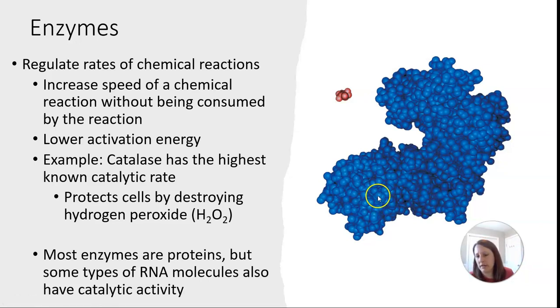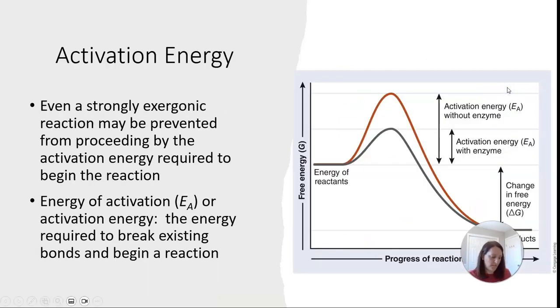Here is a generic enzyme on our right, and we can see that it's folded up into the perfect three-dimensional shape. This opening right here, we're going to learn shortly, is called the active site, and this is where the substrate, shown here in red, will bind. Whatever the enzyme is acting upon is called the substrate molecule. We'll come back to that.